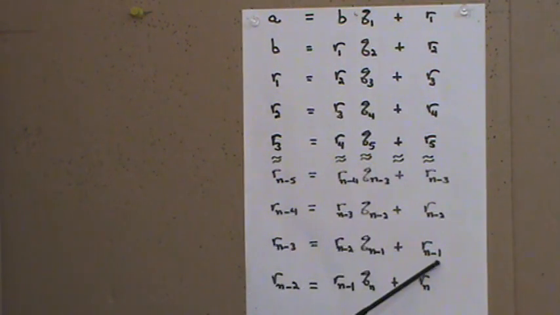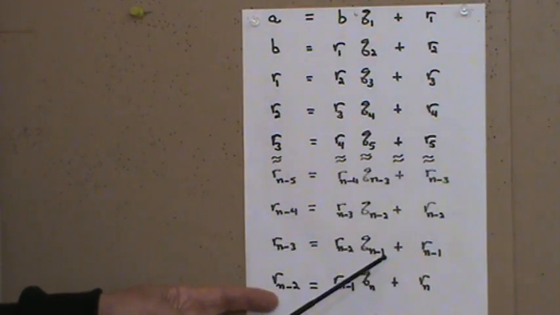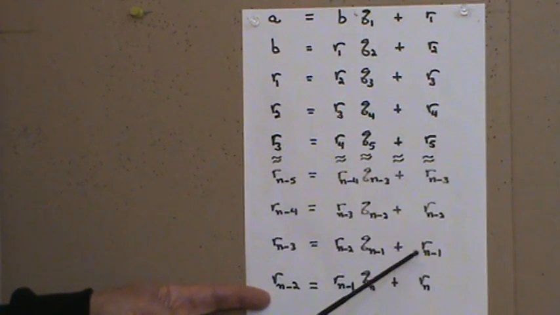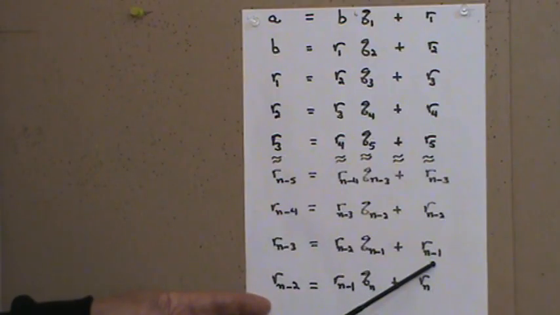So here, R_{n-1} divides every number, because there is no zero we need to be afraid of, because we are dealing with natural numbers. R_{n-1} is not 0. So this divides itself. Every number besides 0 divides itself. So we have no problem with that.